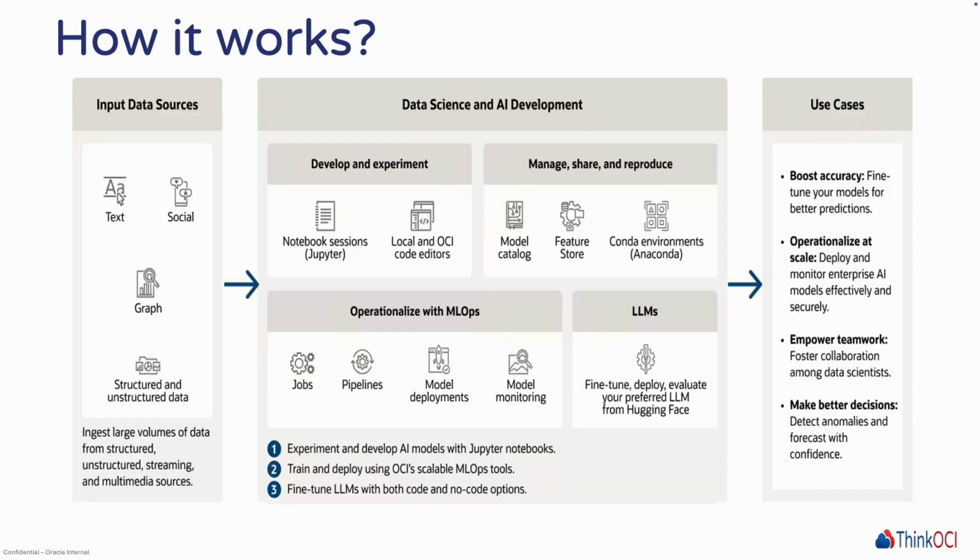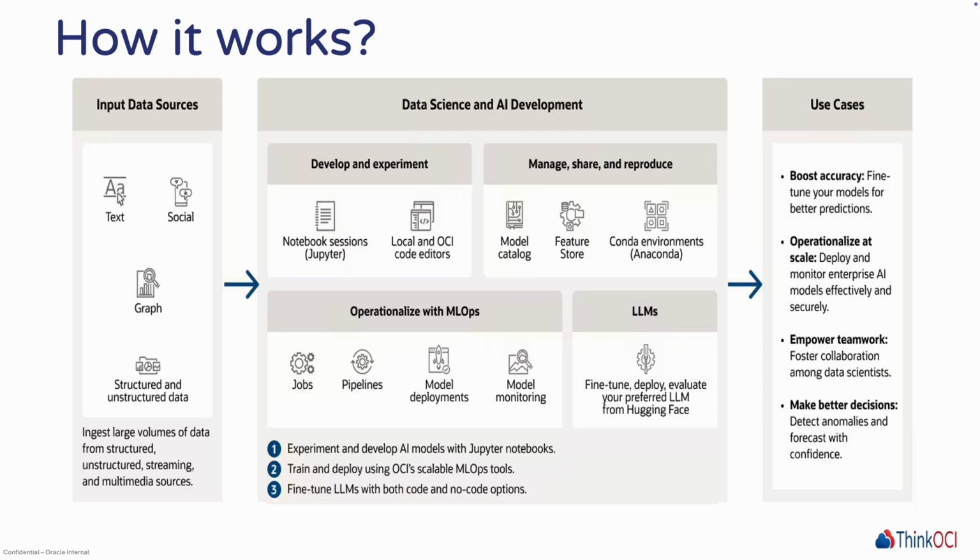You can run large-scale ML experiments at a lower cost. Finally, integration. OCI Data Science works seamlessly with the broader Oracle ecosystem, from Autonomous Database to data lakehouse. So data prep, training, and deployment all stay in one platform, on premises or edge environments. This includes text, social media feeds, graph data, and streaming information.